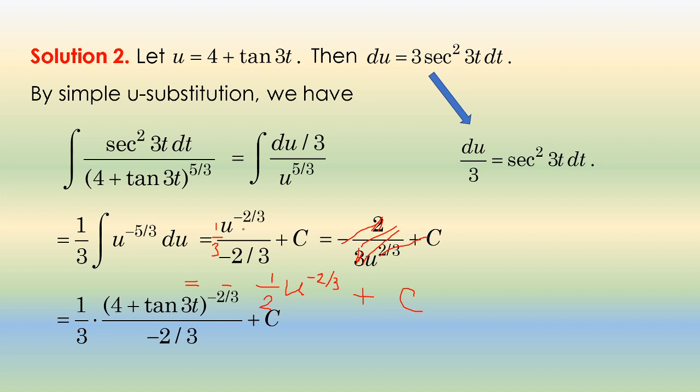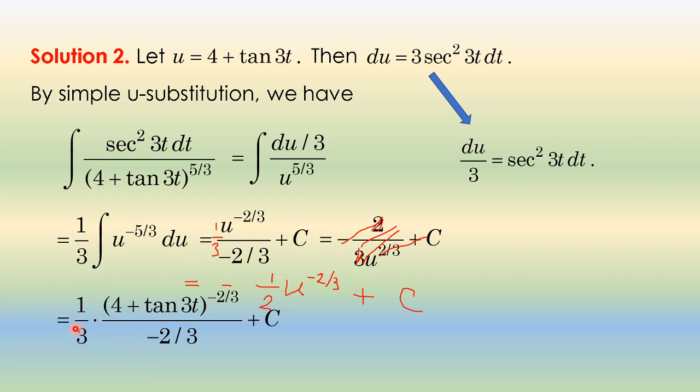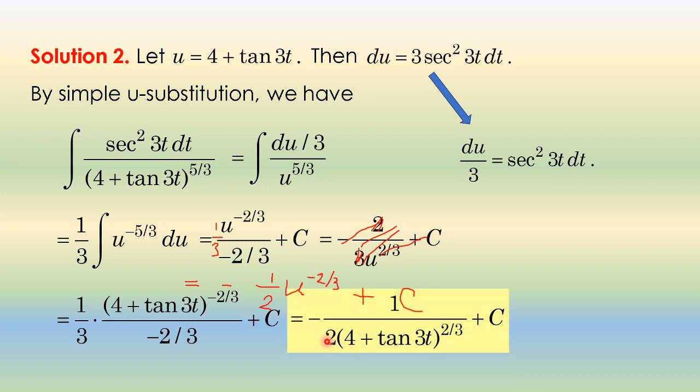So expressing this in terms of its original variable, in terms of a function of t, we get 1/3 u to the n plus 1, which is negative 2/3, over negative 2/3, plus c. So when simplified, that is already negative 1/2. So negative 1 over 2 multiplied by 4 plus tangent 3t quantity to the negative 2/3.